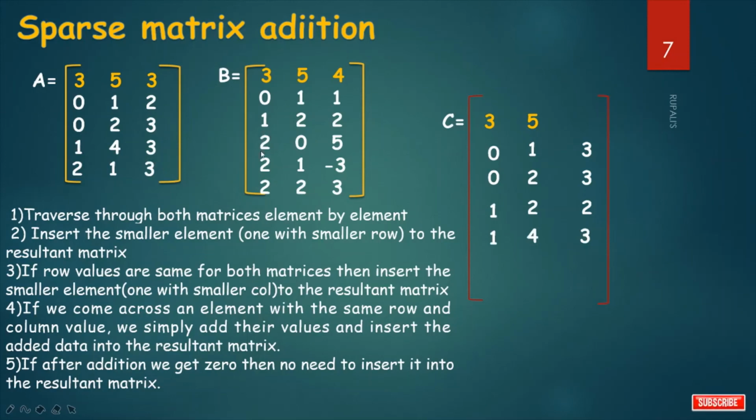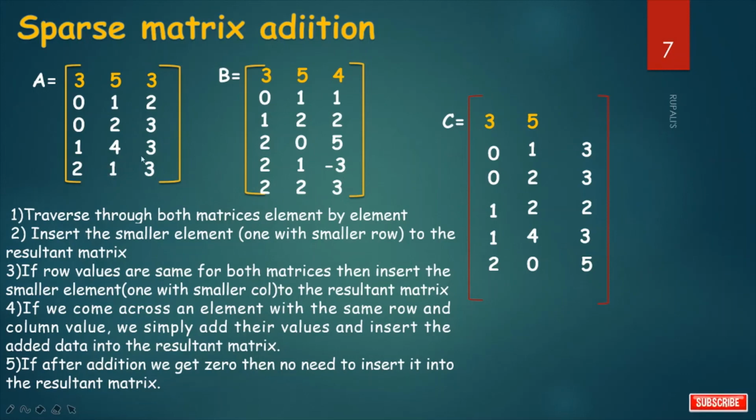Next compare 2, 0, 5 and 2, 1, 3. Row values are same. Compare column values because in 2, 0, 5 it is 0 and here it is 1. This one is smaller, so I have to insert 2, 0, 5. Now 2, 1, 3 and 2, 1, -3. Row values are same, column values are same.